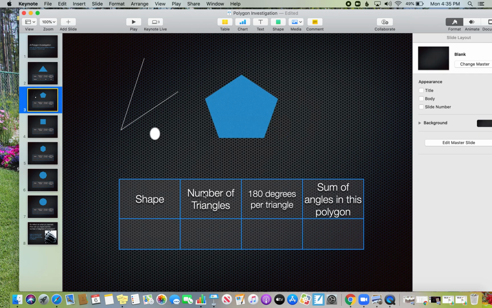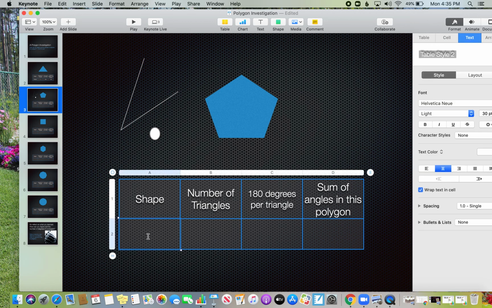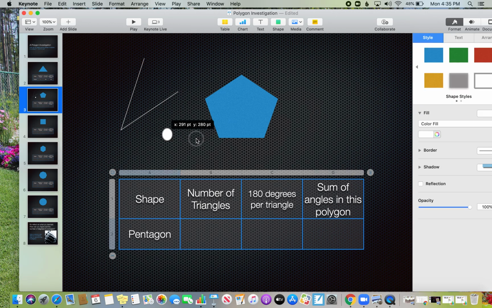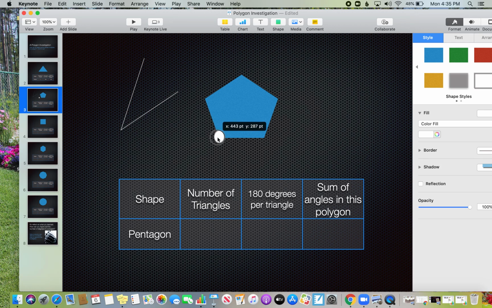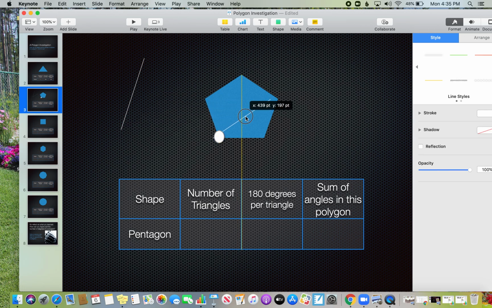So for example, if we take a look at this pentagon, the shape that we have here is a pentagon. How many triangles are in a pentagon? Well, if I pick one vertex of the pentagon and start there, and I draw a line from that vertex to all the other corners opposite it.